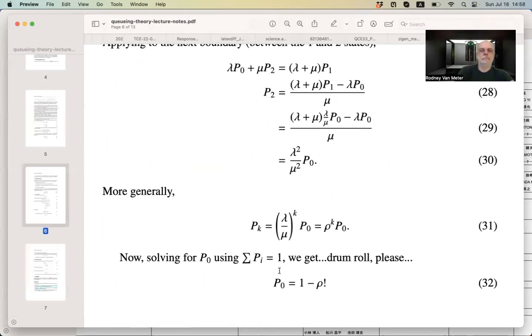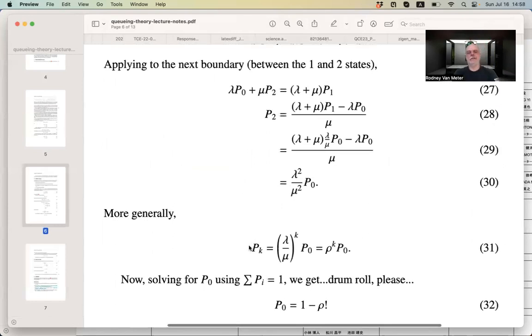If you solve this, you'll find that the probability that you're in any particular state K is lambda over mu to the K times the probability that you're in that original state P0.